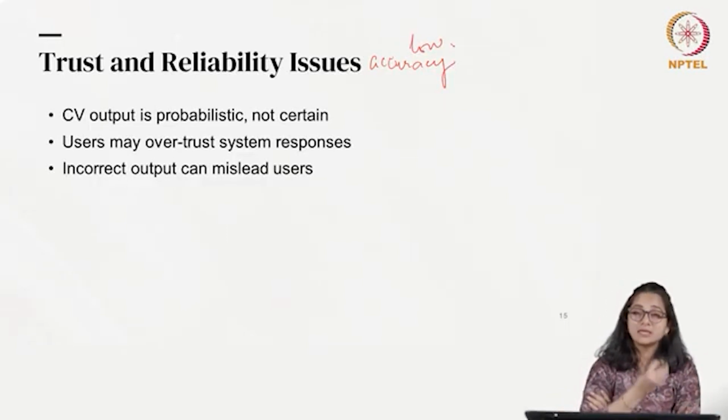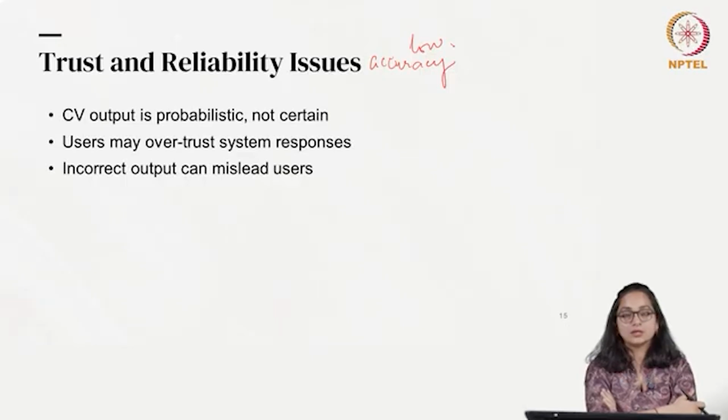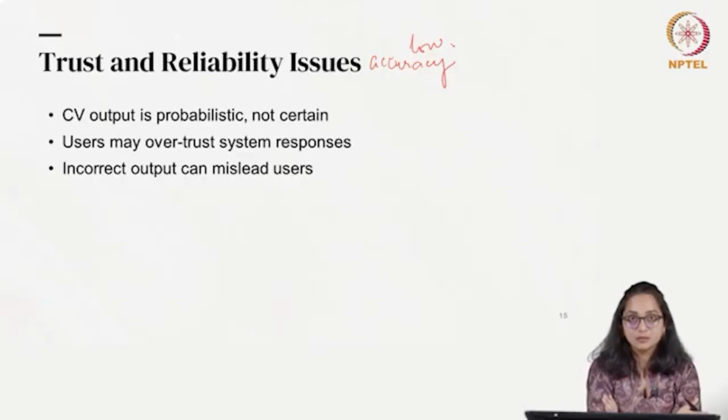Robustness means that the same output is not being produced every time because the model behaves in a very probabilistic manner. It predicts, basically, it's not certain, right?